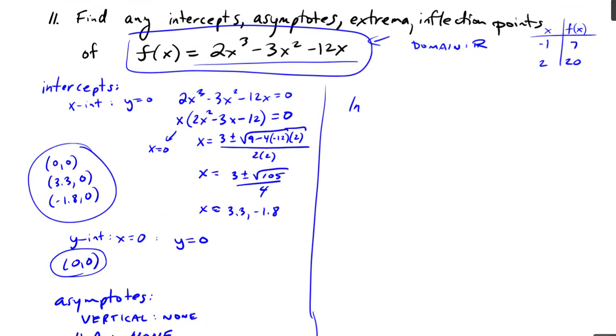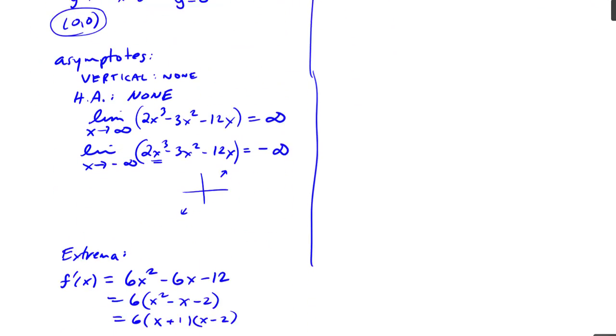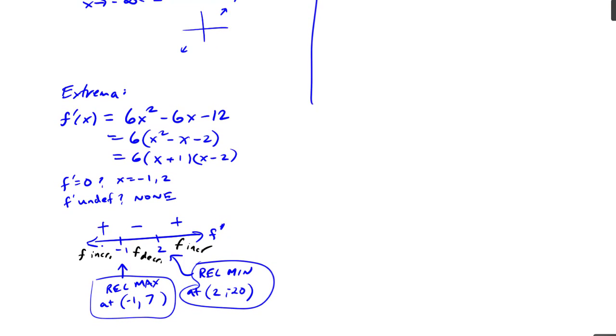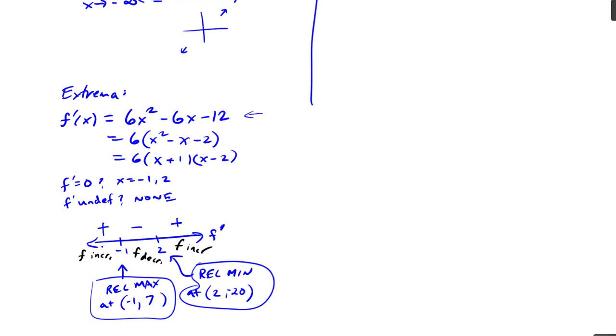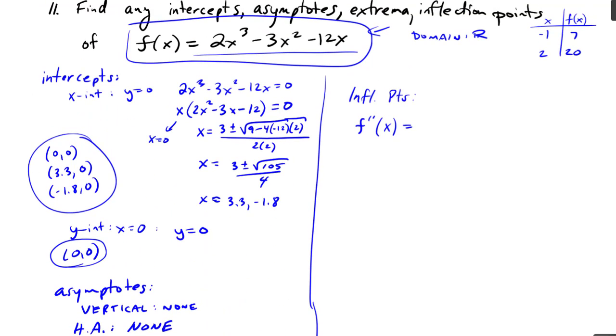Okay, so now let me split here. I need to look for some inflection points. So I'm going to need the second derivative, which is, where's my first derivative? Here. So my second derivative is going to be 12x minus 6, which is 6 times (2x minus 1).